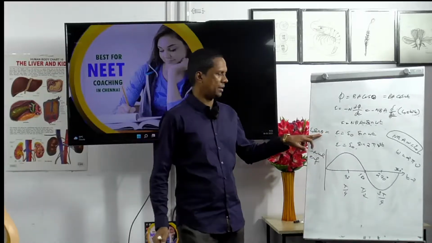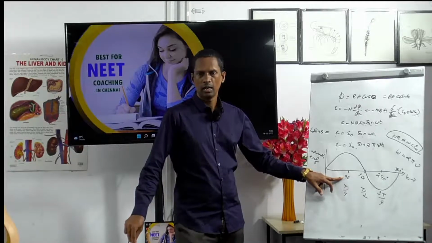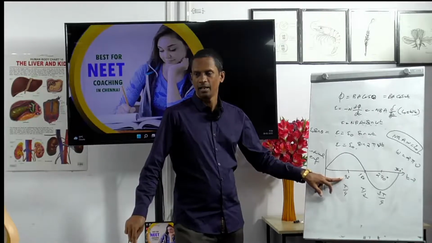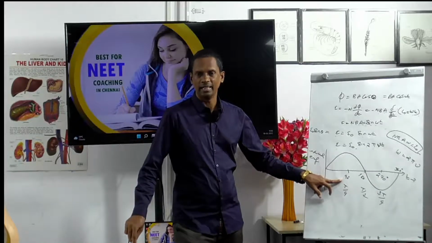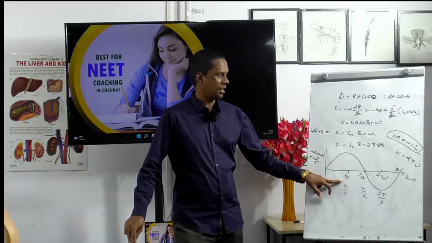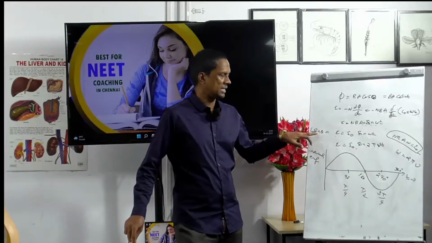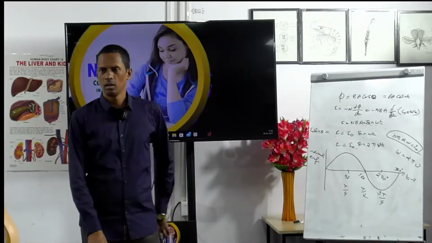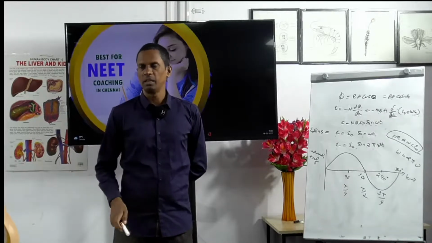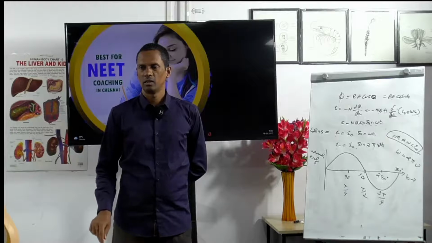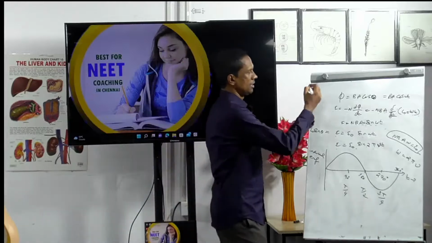If I substitute theta as 90 degrees, sin 90 is 1, but what is the physical meaning of sin 90? What does 90 degrees mean?